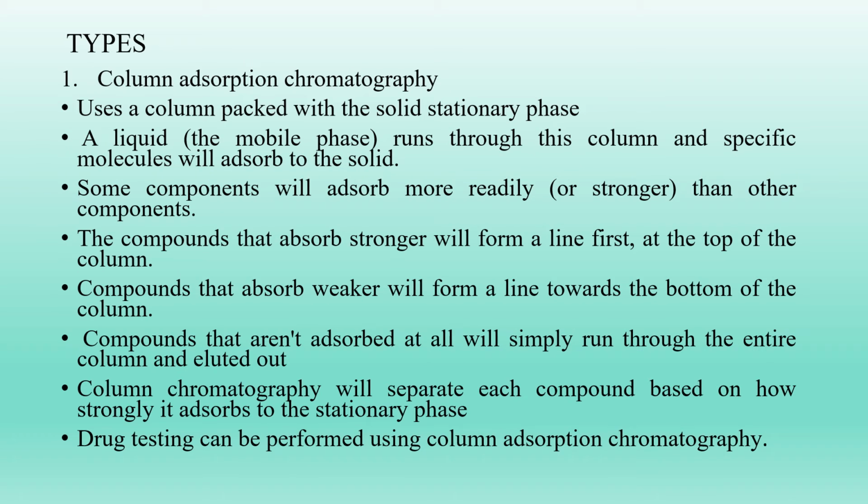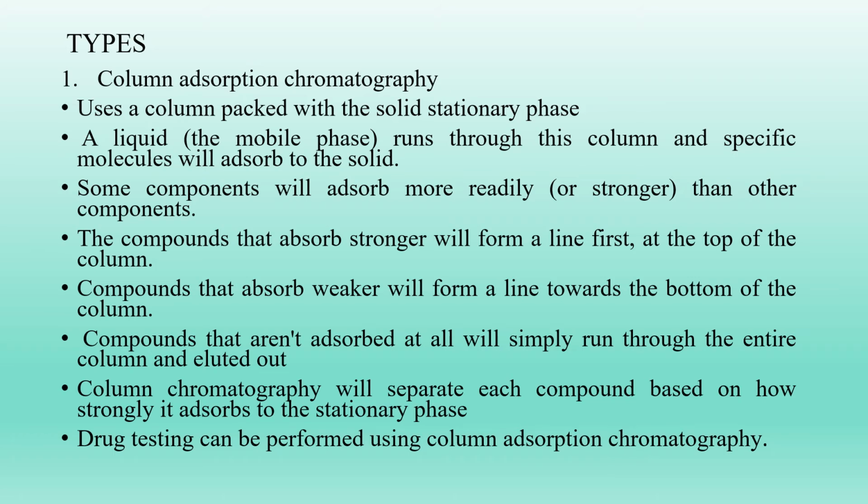Coming to the types of adsorption chromatography, the first one is column adsorption chromatography. Here we use a column packed with the stationary phase, and a liquid, that is the mobile phase, will run through this column. Specific molecules will adsorb to the solid, and some components will adsorb more readily or more strongly than others.